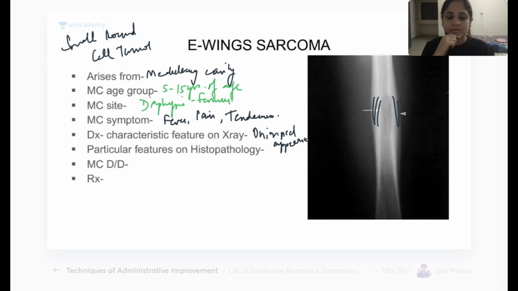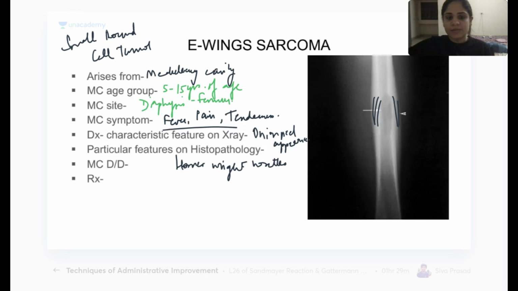What are those rosettes? They are not Flexner-Wintersteiner rosettes. Yes, they are Homer-Wright rosettes. You see Homer-Wright rosettes in this case.